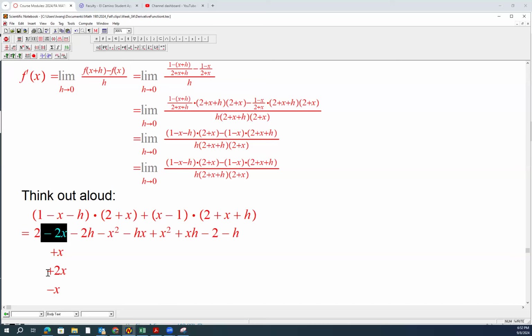Negative 2x, positive 2x makes 0, x, negative x makes 0. So all of these are going to be gone. Negative 2, positive 2 gone. hx, these two are opposites. x squared, gone. So we have a negative 3h left.